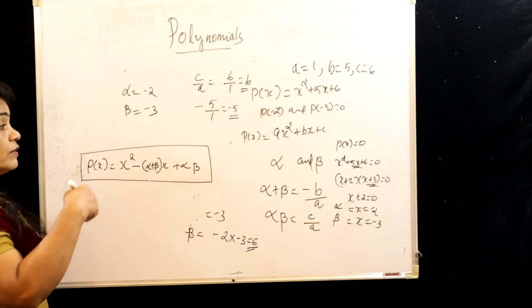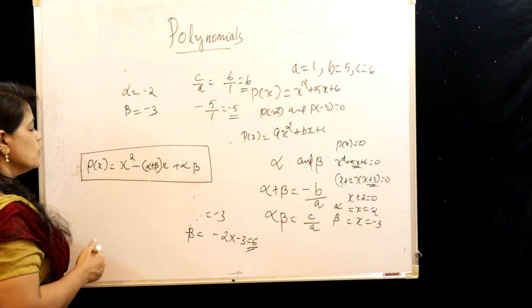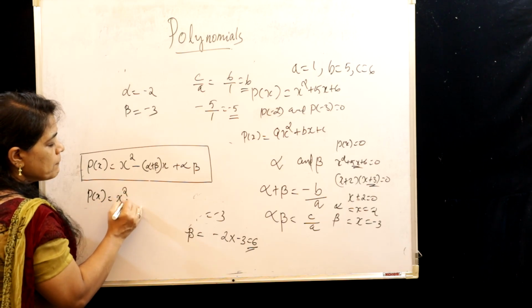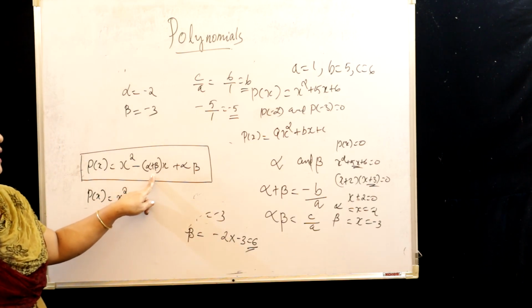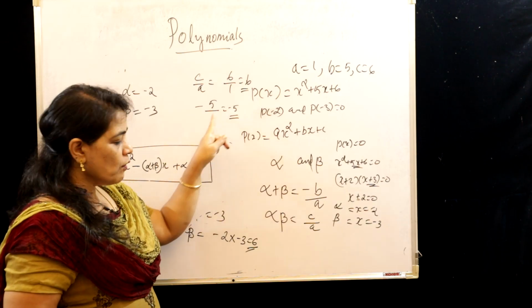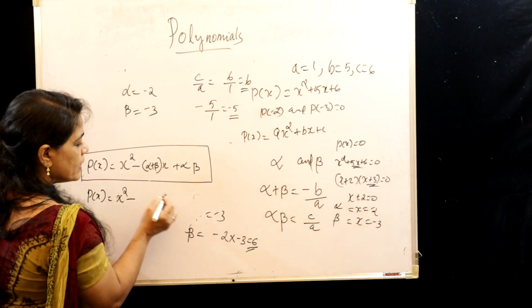Let us see if we reach that equation: p of x is equal to x square minus, what is alpha plus beta? We have seen that alpha plus beta is minus b by a, which is minus 5.